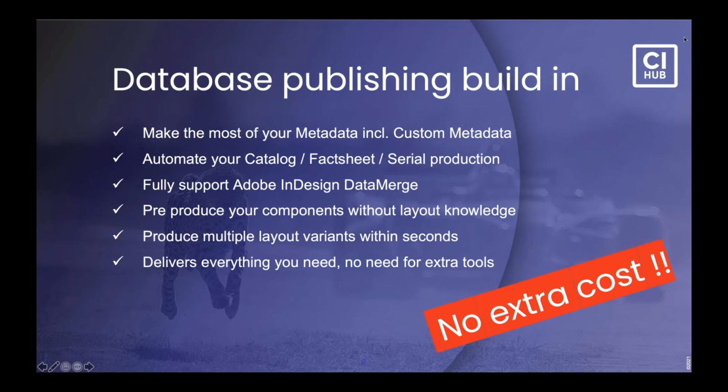You don't need training and special knowledge for that. You can switch layouts, which makes it very handy for multiple documents. And it really delivers everything you need as a basic version of database publishing. And it's just built into CI Hub. And it works with every system we've already connected. That's really cool. Good.